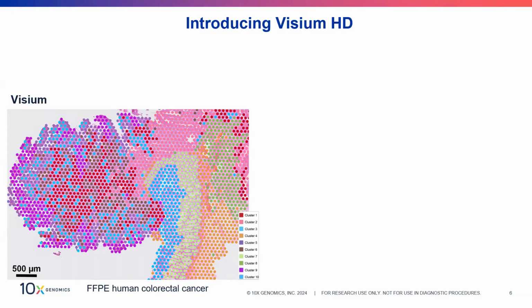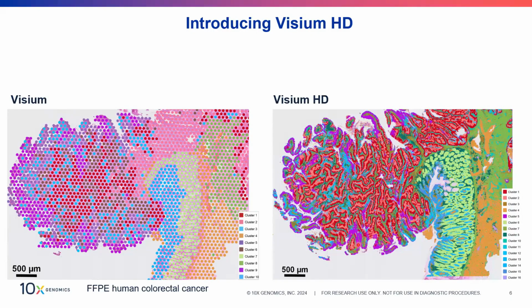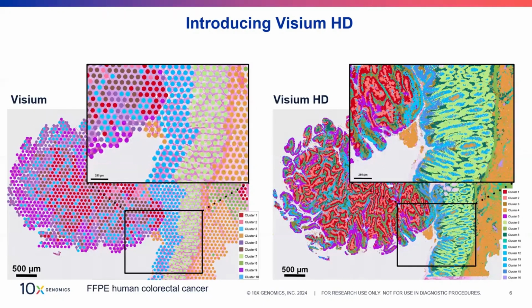This already shows the power of spatial transcriptomics, but the same sample type was also examined with Visium HD, and the results of that can be seen on the right here. The resolution is clearly advanced, and the results are much more detailed. You can see just how much the clustering based on transcriptome reflects this high resolution.